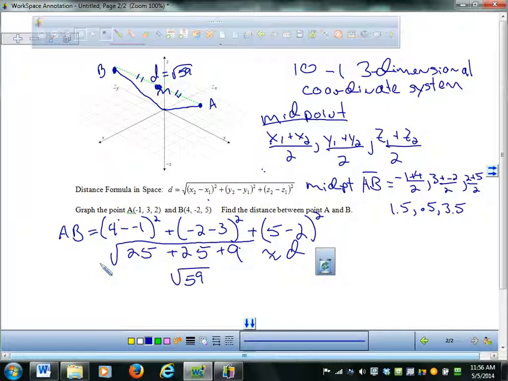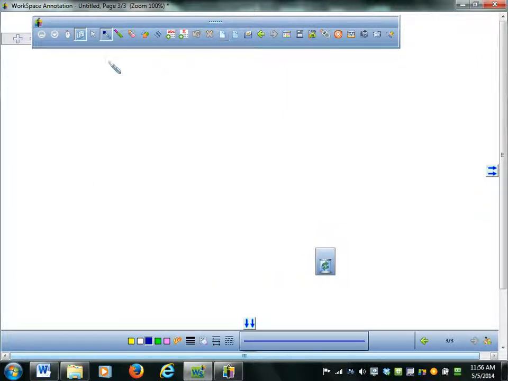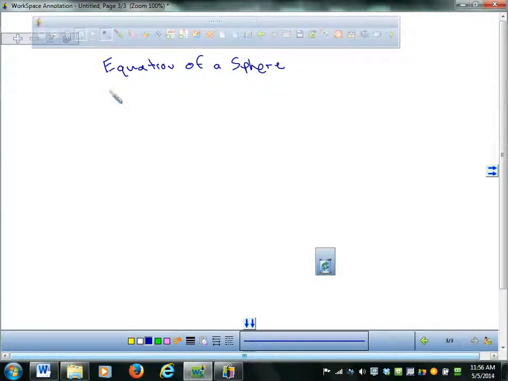Okay, now we're going to talk about the equation of a sphere. Ready? The equation of a sphere, everyone got that? Can I move on? It's quick. The equation of a sphere is just like the equation of a circle in 2 dimensions, but it's x minus h squared plus y minus k squared plus, and they use z minus j squared equals r squared.